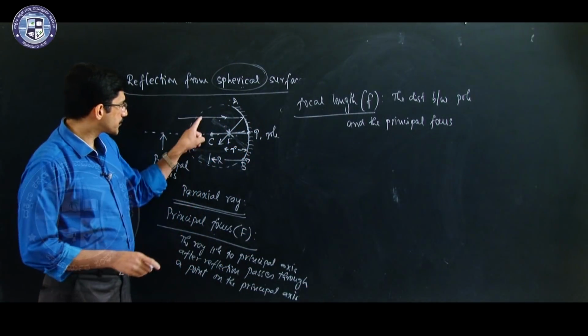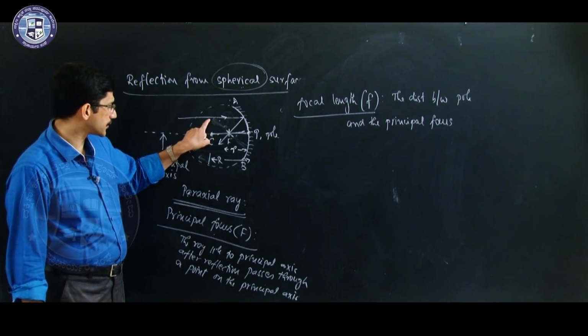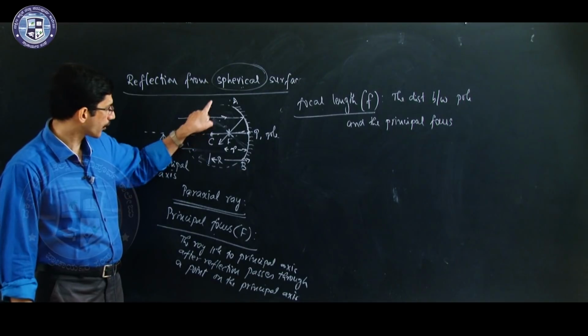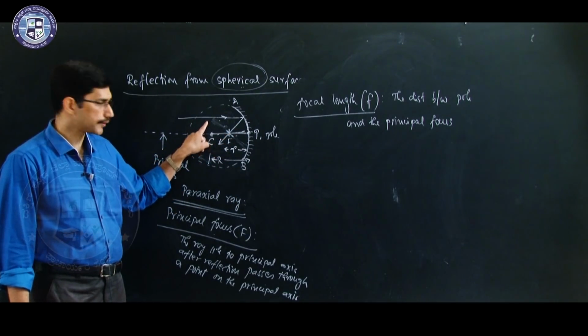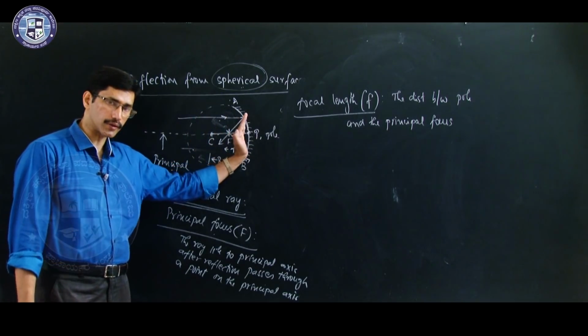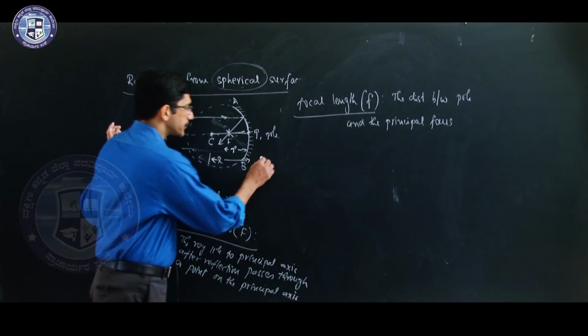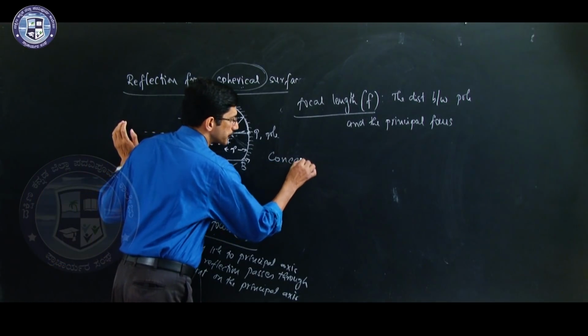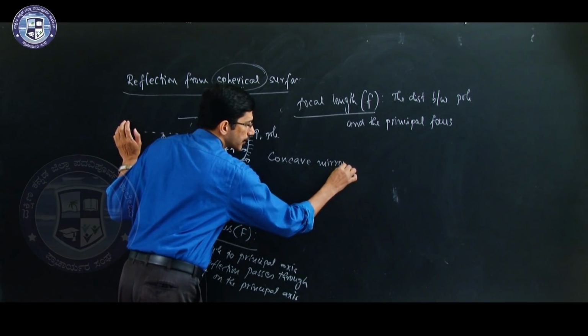If you observe, the center of curvature as well as the light which is incident on the reflecting surface are in the same medium, on the same side, and such a surface is called the concave surface, or the mirror is said to be a concave mirror.